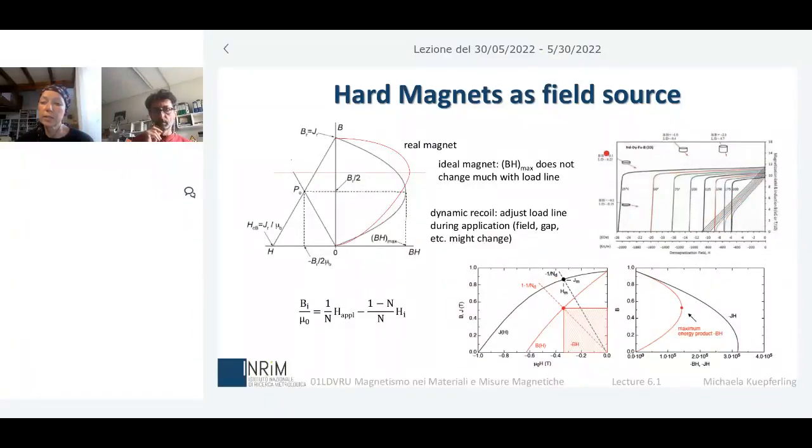You can see here in a neodymium iron boron magnet, for example, how the different shapes influence your load line. So you have completely different load lines here.